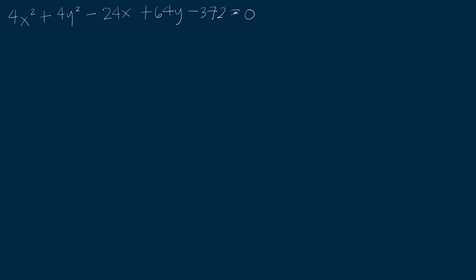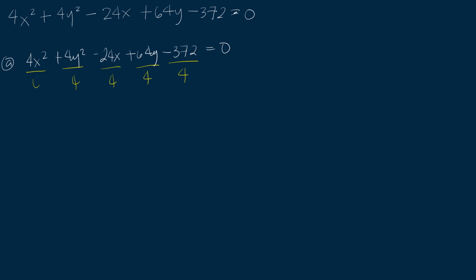Okay, so let us simplify first. Your step A would be 4x squared plus 4y squared minus 24x plus 64y minus 372 is equal to 0, by dividing each term by the coefficient of x squared and y squared.